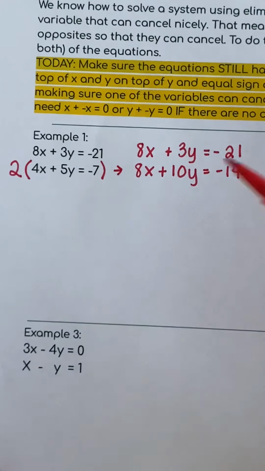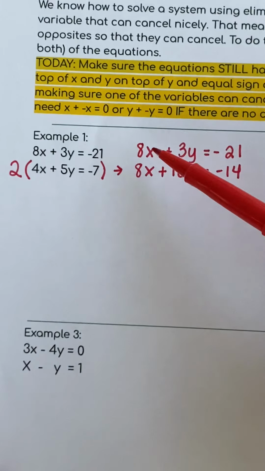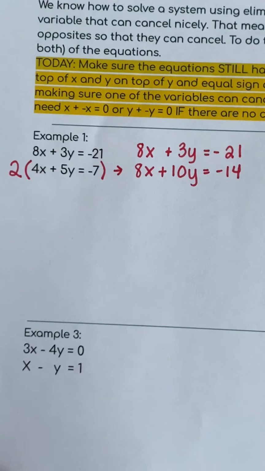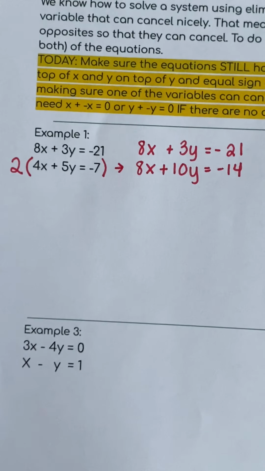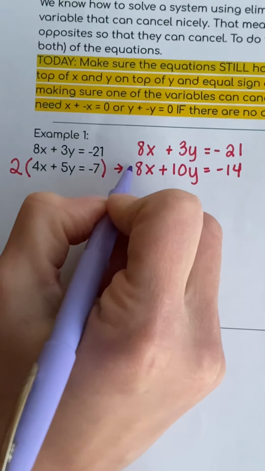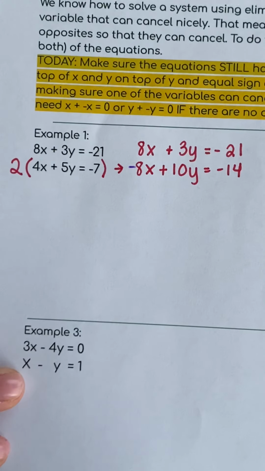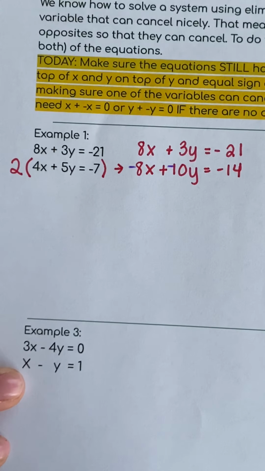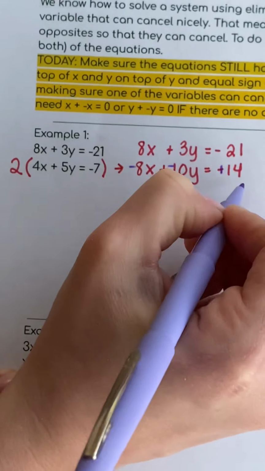So now I have everything lined up, x's, y's, and equal signs, but I don't have opposite 8s. I have 8 and 8, but I need a +8 and a -8. So I need to make one of them negative. So if I make this 8 -8x, I also need to make the 10 negative, and I need to make the 14, which was negative, opposite, so positive.